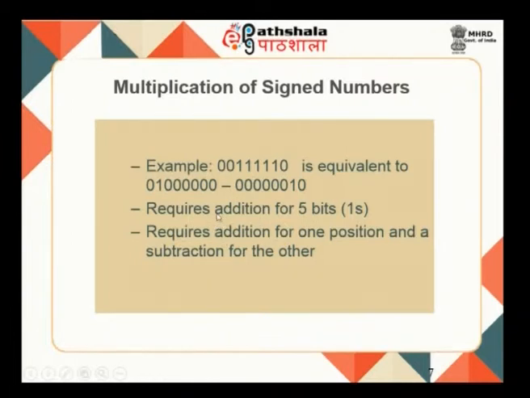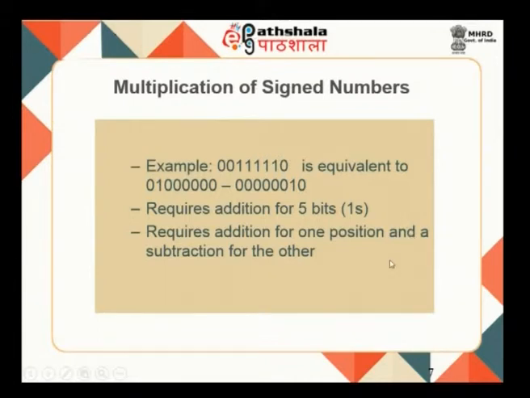The original requires addition for 5 bits, because you have 5 ones here, you will have to form the partial products for these 5 ones and add all of them. In this case you just have one addition operation and one subtraction operation to be done. So, you have reduced the number of operations that will have to be done.